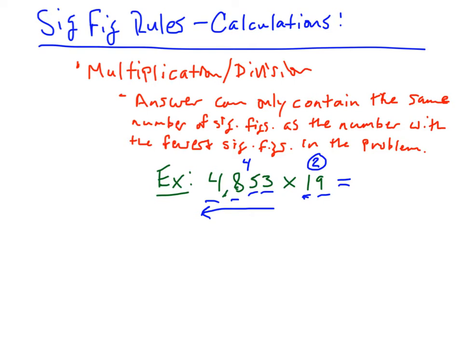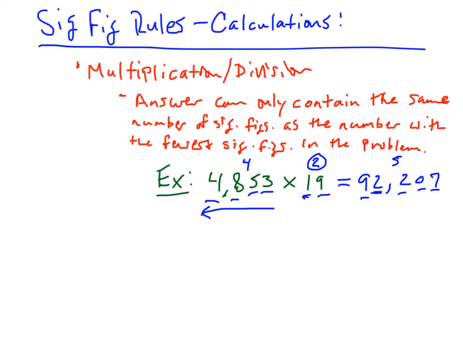So if you do your multiplication there, you're going to come up with 92,207 as your answer. Okay, let's see how many sig figs this has. Right now it's got 5 sig figs, and we have to cut it off at 2.